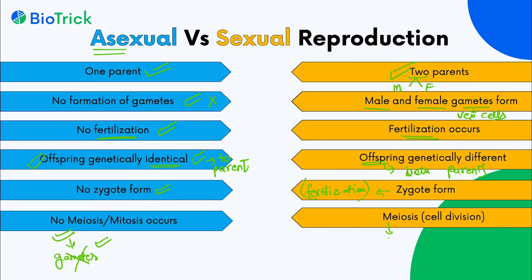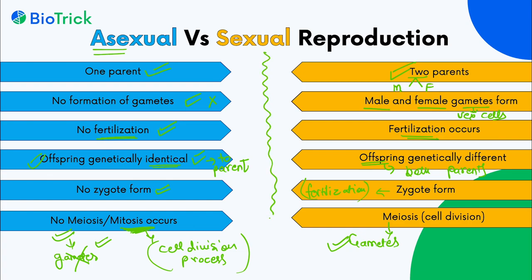While in sexual reproduction, gametes form by the process of meiosis. Mitosis occurs in asexual reproduction. It is another important term, mitosis. It is a cell division process. You have to remember this. We will discuss it in detail in other chapters. Then what do you understand by the terms meiosis and mitosis? So these are the main differentiating features of asexual and sexual reproduction.